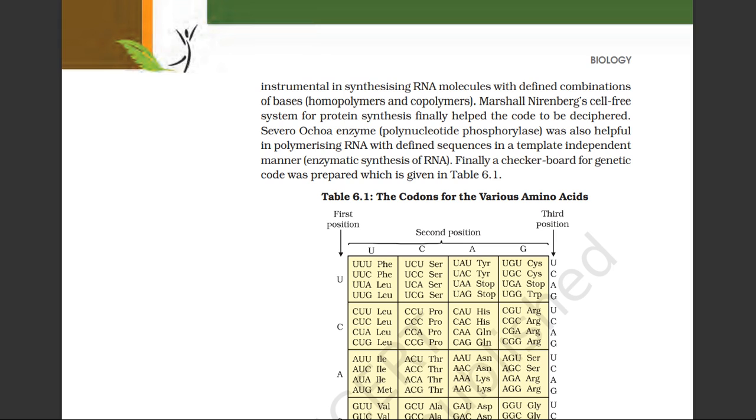Marshall Nirenberg's cell-free system for protein synthesis finally helped the code to be deciphered. Severo Ochoa's enzyme, polynucleotide phosphorylase, was also helpful in polymerizing RNA with defined sequences in a template-independent manner, enzymatic synthesis of RNA. Finally, a checkerboard for genetic code was prepared, which is given in Table 6.1.